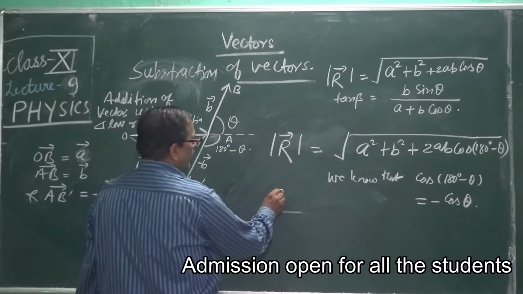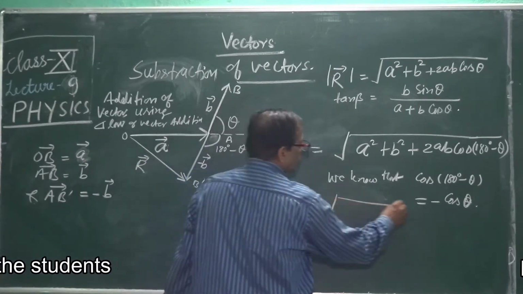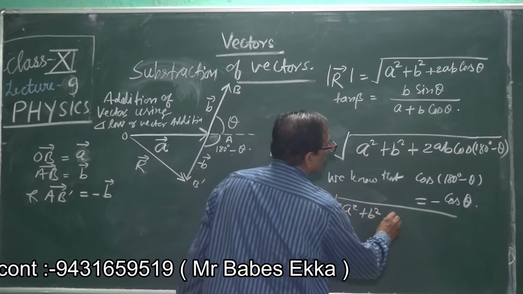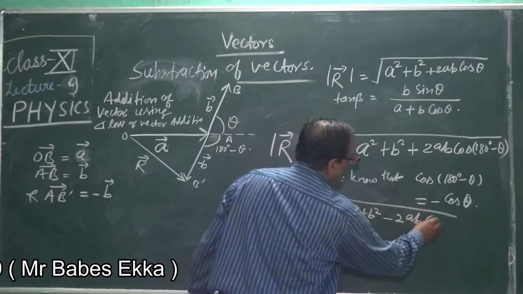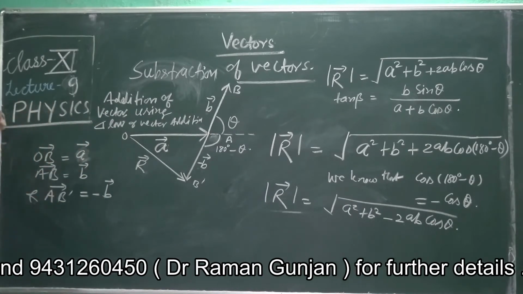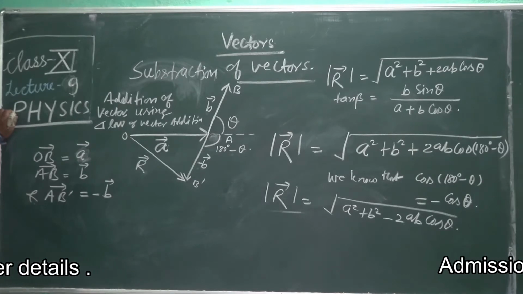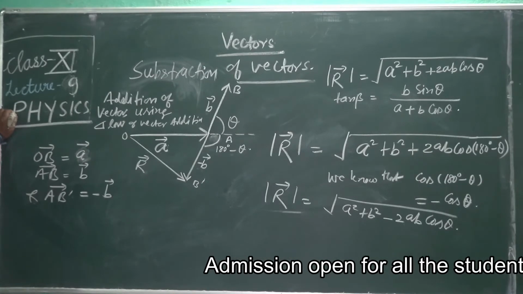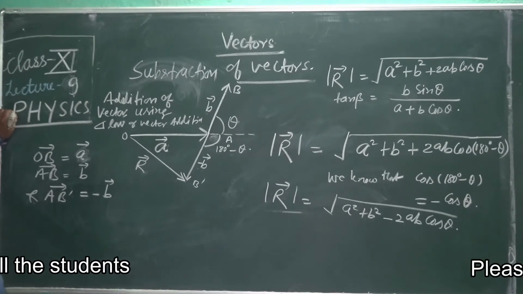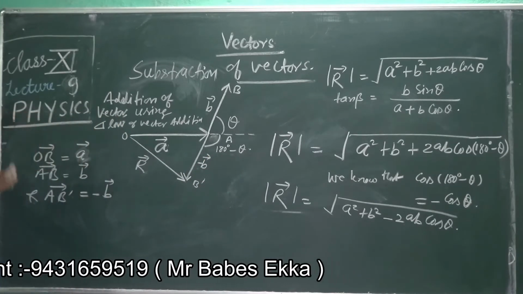So the magnitude of the resultant in this case will be under root A square plus B square minus 2AB cos theta. This is the resultant of subtraction of vector A and vector B having angle between them 180 degree minus theta.